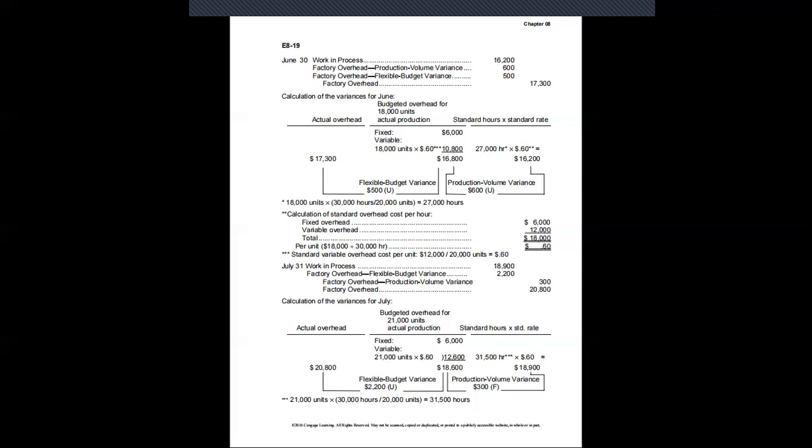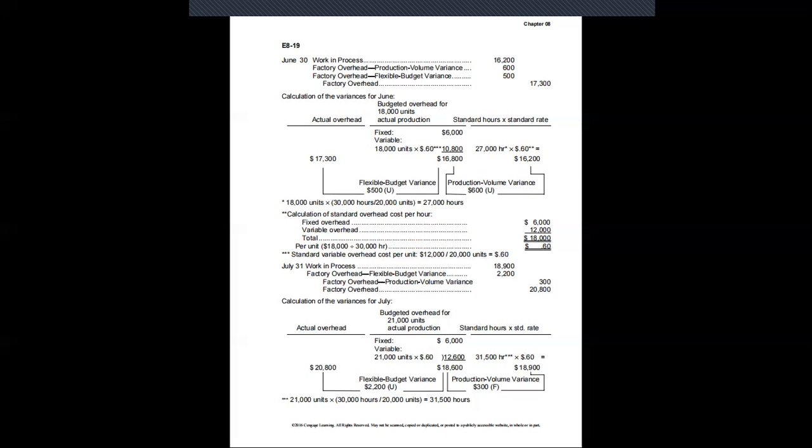Now we have the analysis at the bottom. We have the flexible budget variance of 2,200 and 300 as the production volume variance. So credit to factory overhead at the actual cost of 20,800.